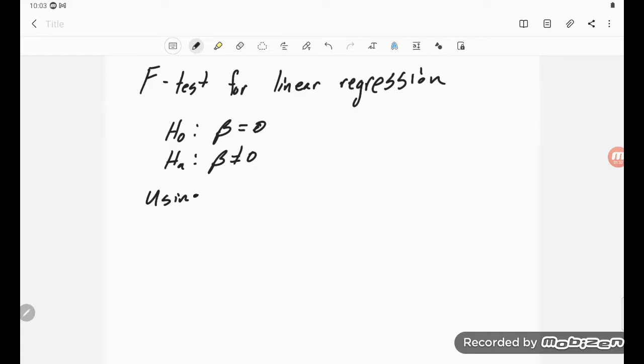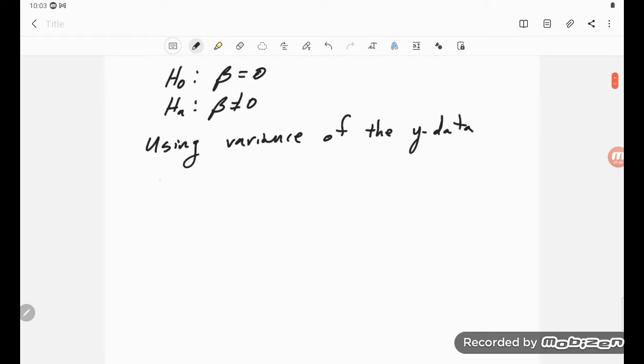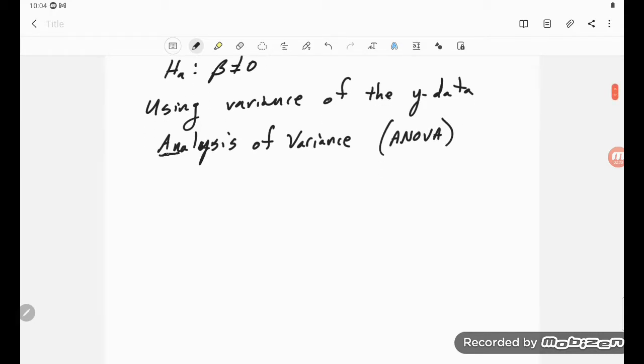So we are using the variance of the Y data, and because of this, these F tests tend to be called analysis of variance, or for short, we use the term ANOVA. So analysis of variance.